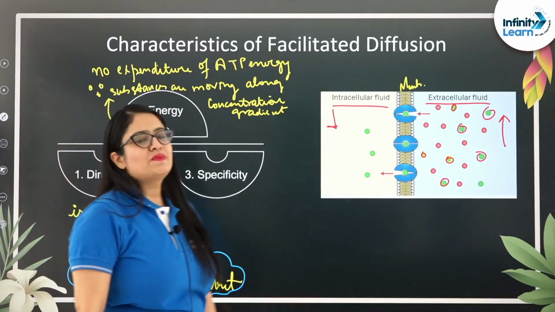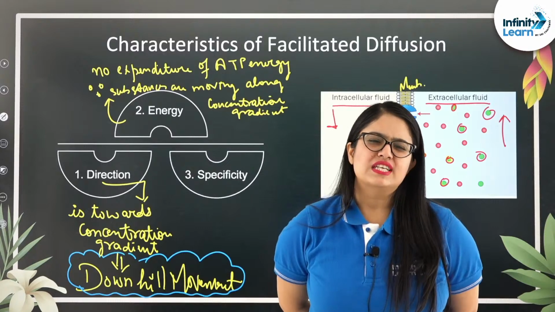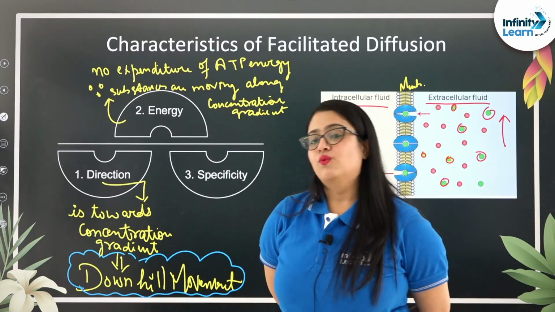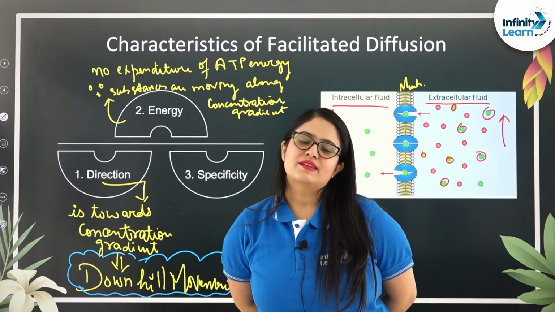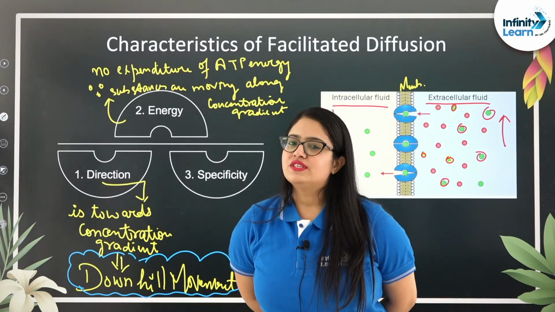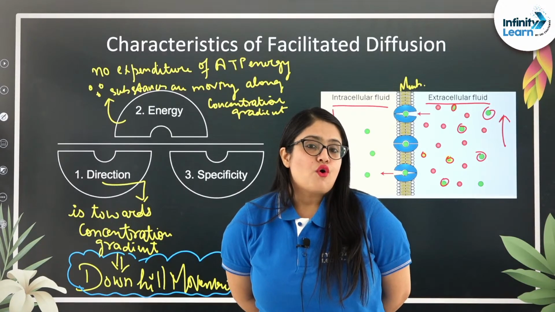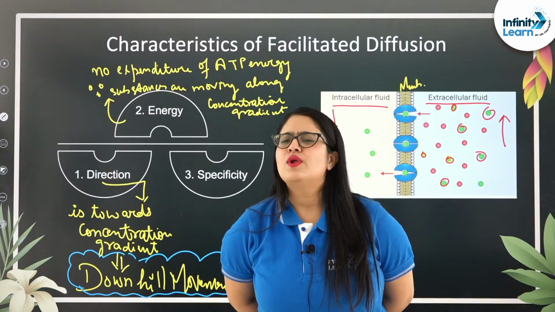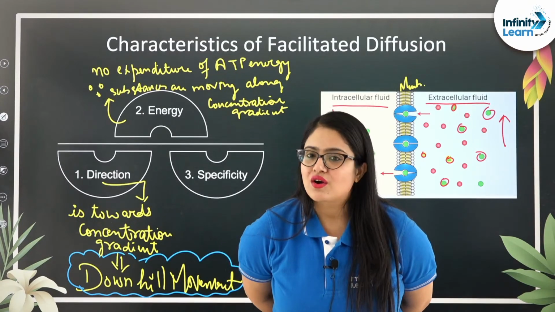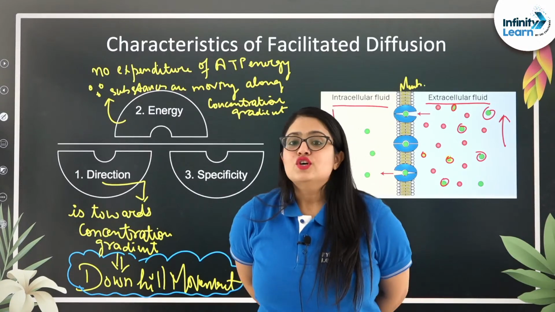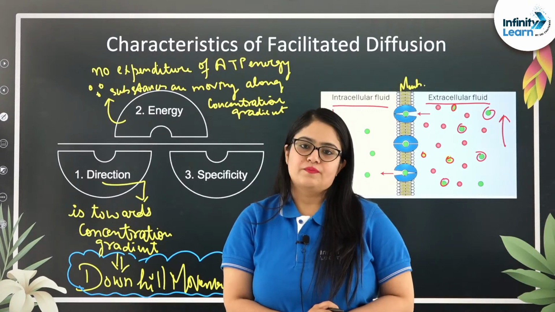Next comes specificity. Yes, facilitated diffusion is quite specific in nature. Why? Because it involves membrane proteins, and please do not forget my lovely kids, membrane proteins are quite specific in what they carry. That means all types of membrane proteins will not transport all different types of molecules across plasma membrane. So these membrane proteins are quite specific in what they carry.